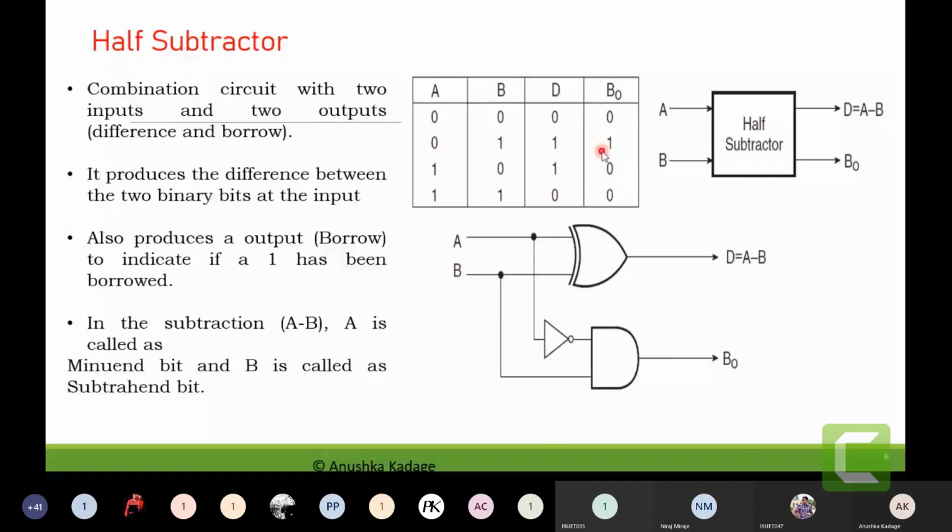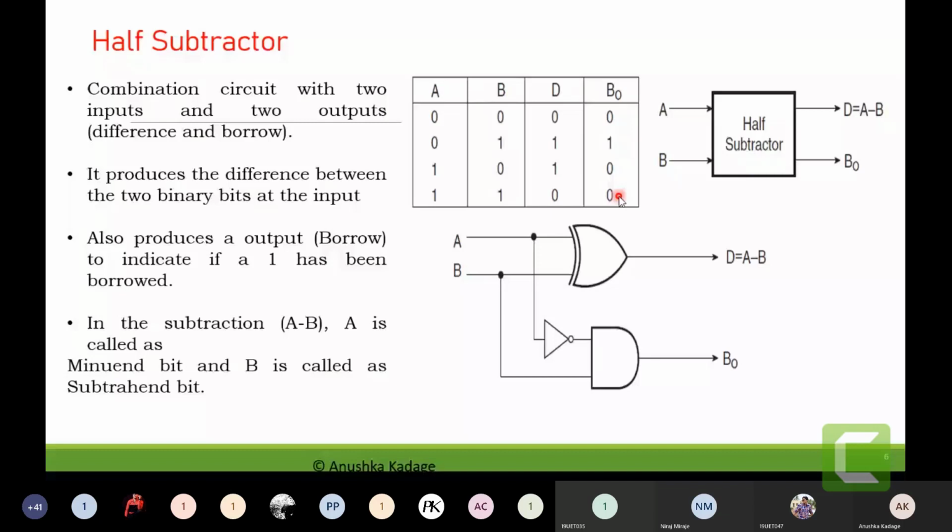But if A is 1 and B is 0, the difference will be 1 with borrow value as 0. When both the bit values are 1, the difference D is 0, and the borrow value is also 0.